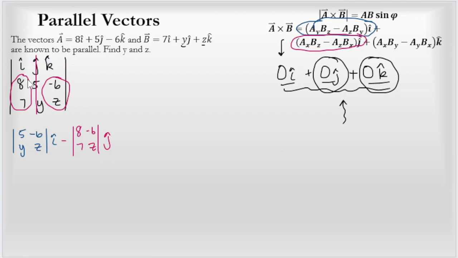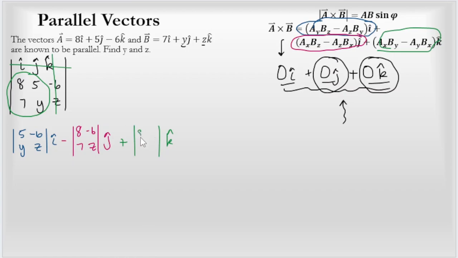I'm going to do the same thing for the k hat component. Green's always a good third color. I get rid of that row and that column, and then I'll be finding the determinant of that matrix: 8, 5, 7, Y. Okay, so that's how I do those. I did it on the previous slide a little bit quicker, and you can see the mechanics of it better there.